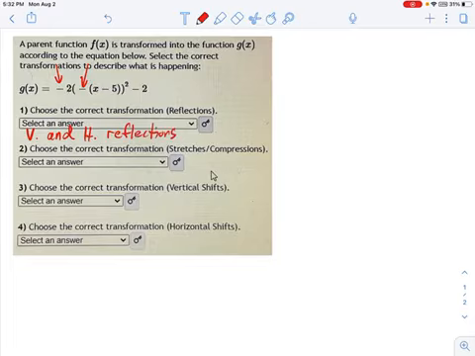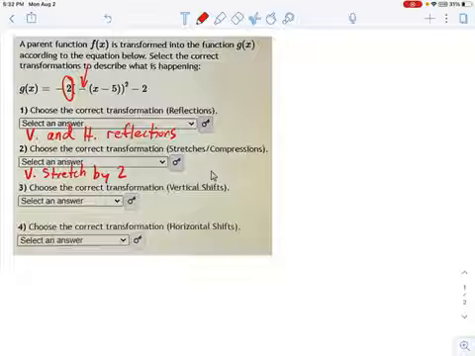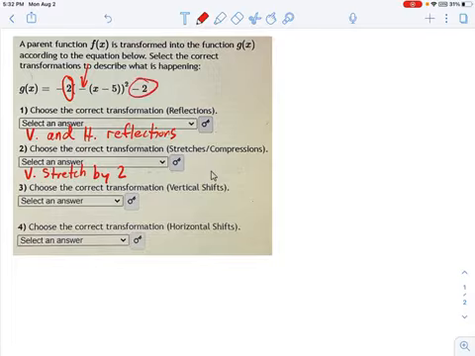And what's the correct transformation in terms of stretches, compressions? Well, because that's a -2 right there, don't worry about the negative, but that is a 2 times something. So that is a vertical stretch by 2. If that number were less than 1, like 1/2 or 1/3, it would be a compression by 1/2 or 1/3. Now we choose the correct transformation, vertical shift. Vertical shifts are easy, right?